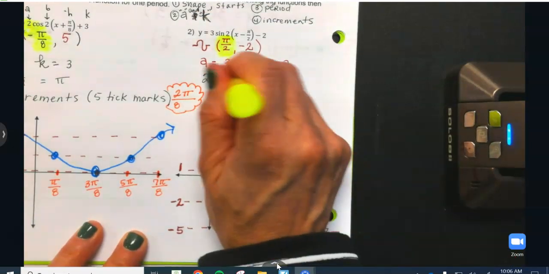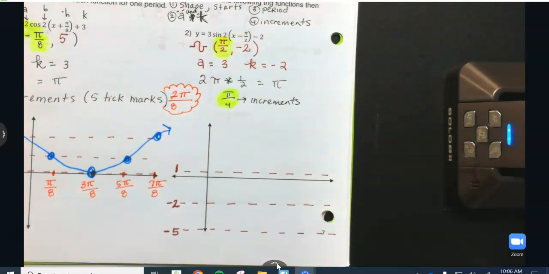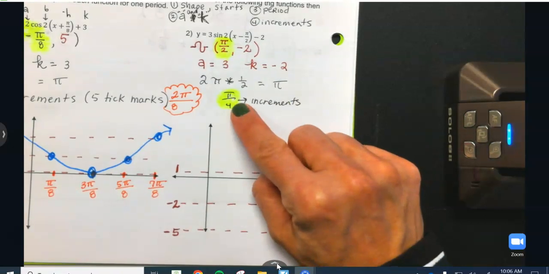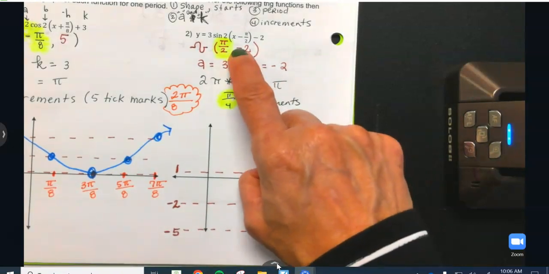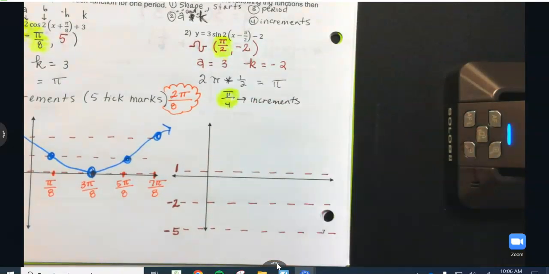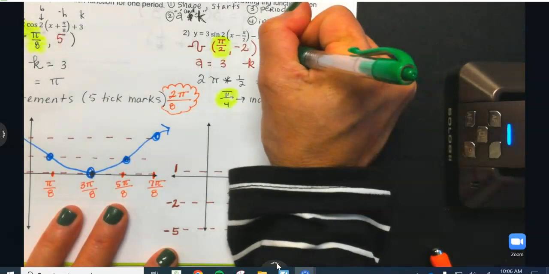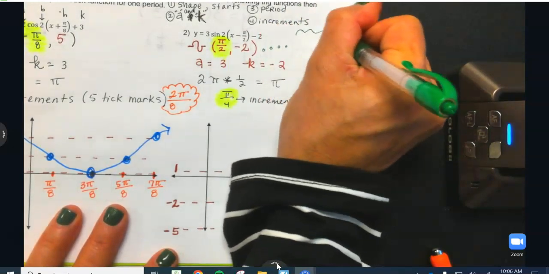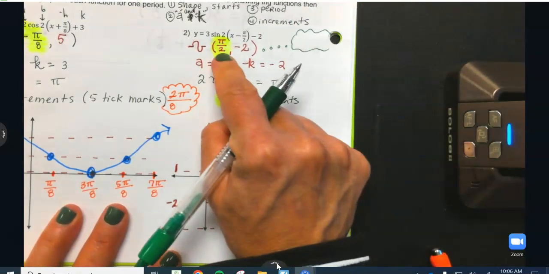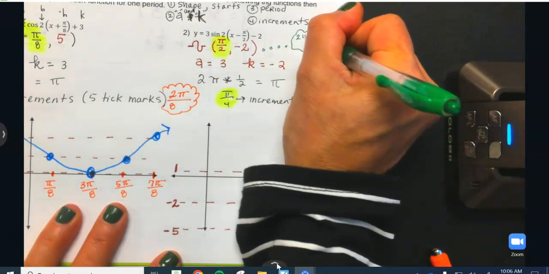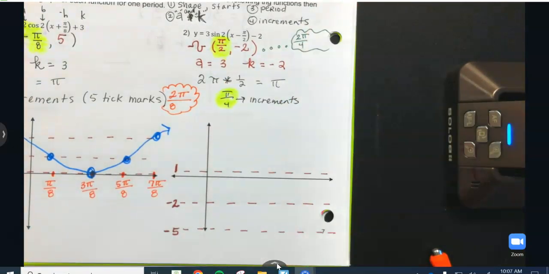But again, we're increasing by fourths. Remember, you can't go down. I cannot change this 4 into a half, but I can change this half into a fourth. So only in my head, I am going to consider this pi over 2 as 2 pi over 4 when I count my increments, because it's so much easier to do that in my head.